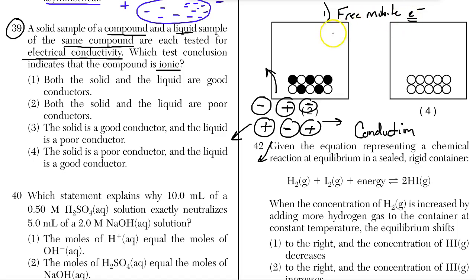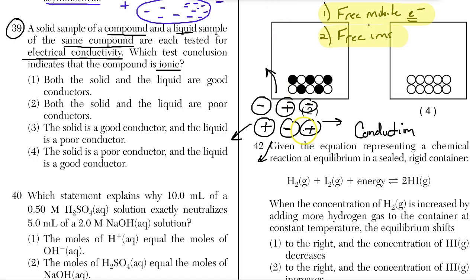So you either have that, or if you don't have free mobile electrons, and ionic compounds do not, they lost their valence or filled their octets by losing or gaining electrons. So they don't have any valence electrons. They're just positive or negative. But you have to have free ions. So you either have free mobile electrons or free ions to conduct electricity.